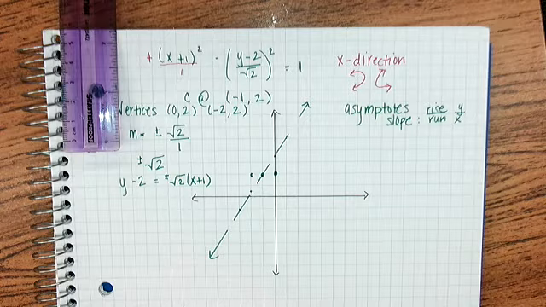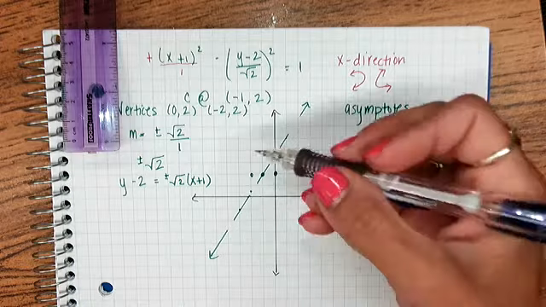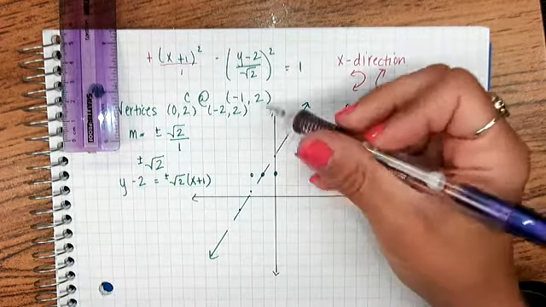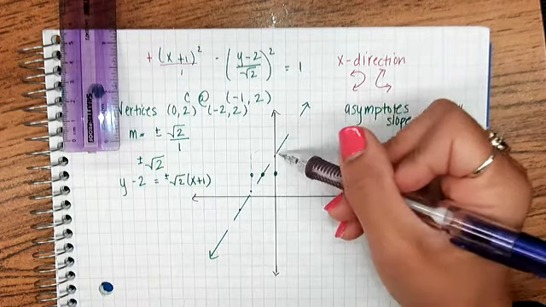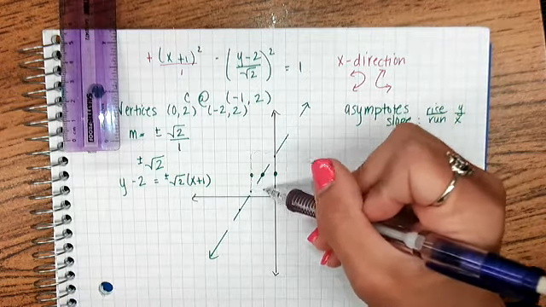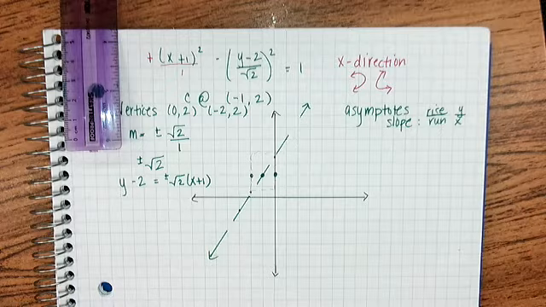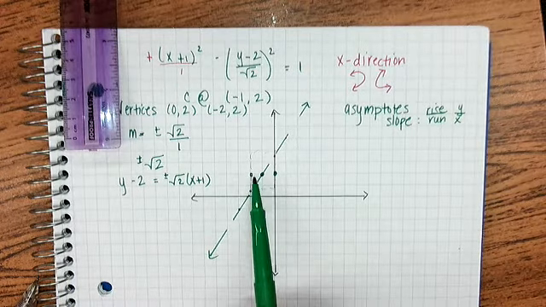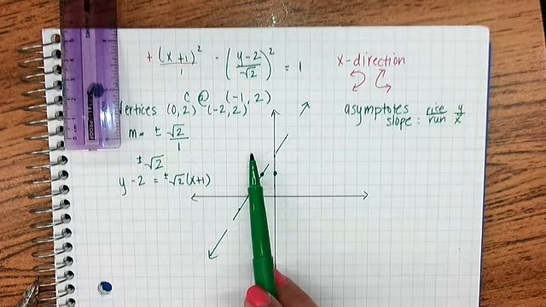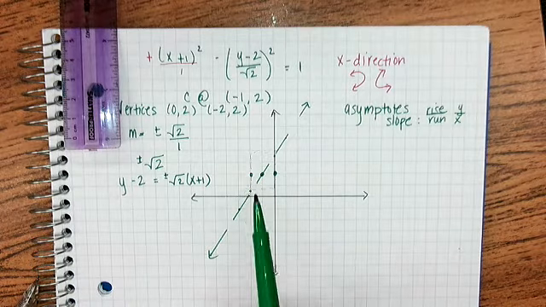And then you have this great little shortcut to finding the remaining points. I don't know if you can see this, but from the vertex, went up 1.4, down 1.4.